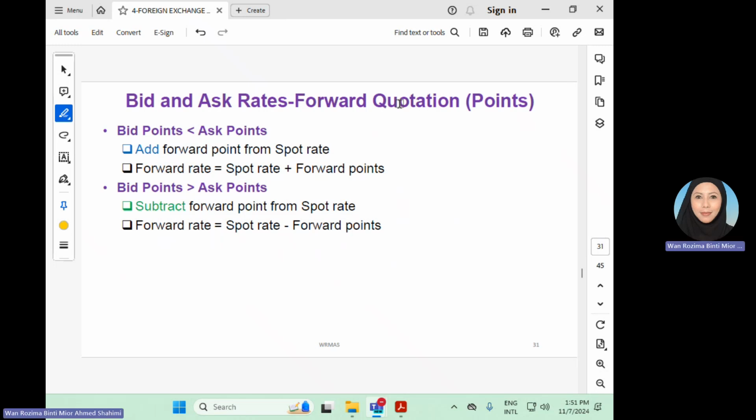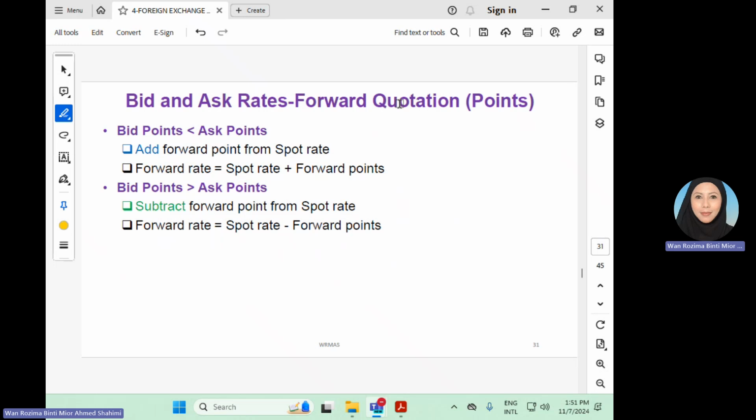This determines whether you plus or minus. Later we have an example, but let's understand this first. If bid points are less than ask points, you add the forward points to the spot rate. The current spot rate, not the expected spot rate in the future.